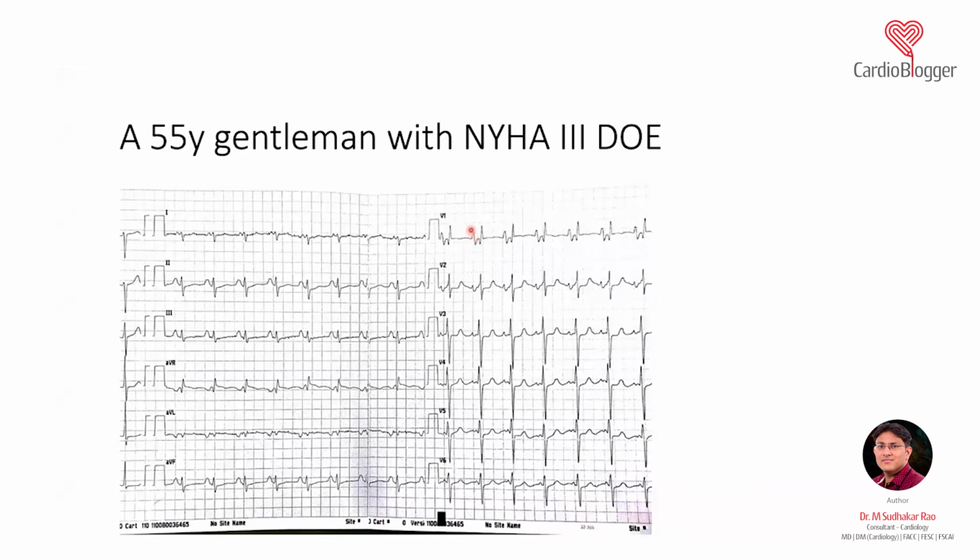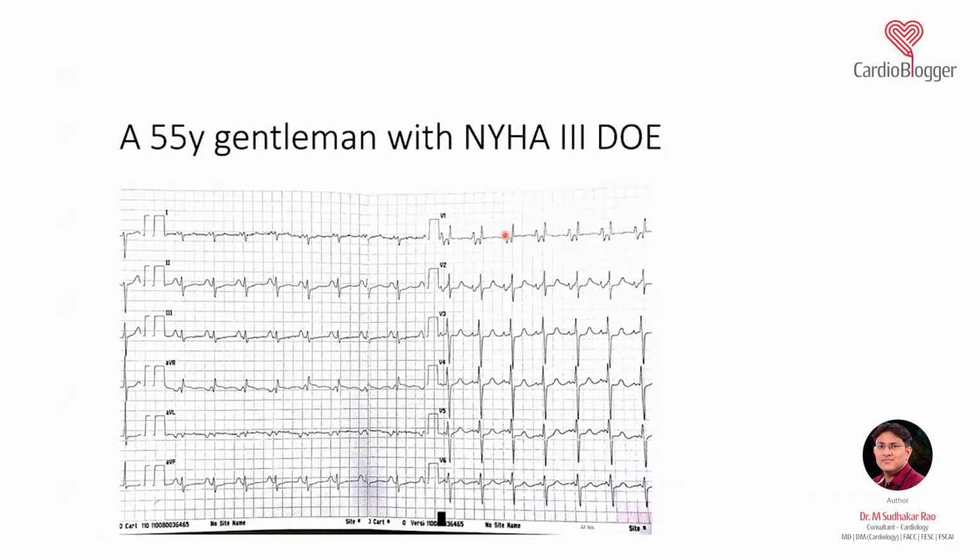Here, if the first positive deflection in lead V1 is more than 1.5 millimeter, it is a right atrial enlargement, or if it is more than 2.5, then it is a left atrial enlargement. Here you see the first one is definitely enlarged, meaning there is a right atrial enlargement also.